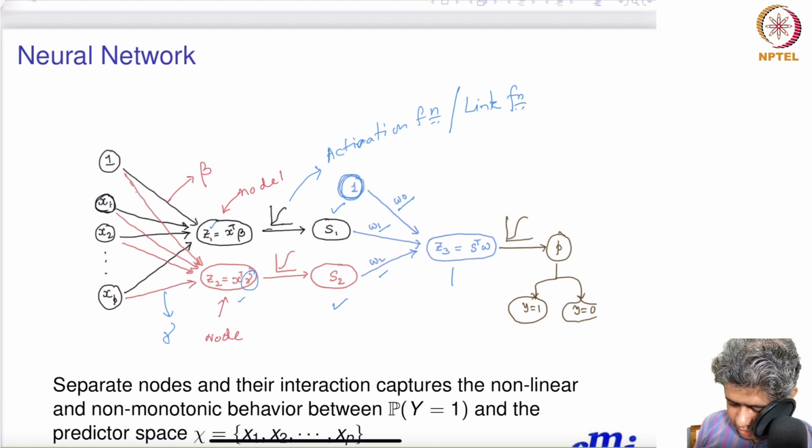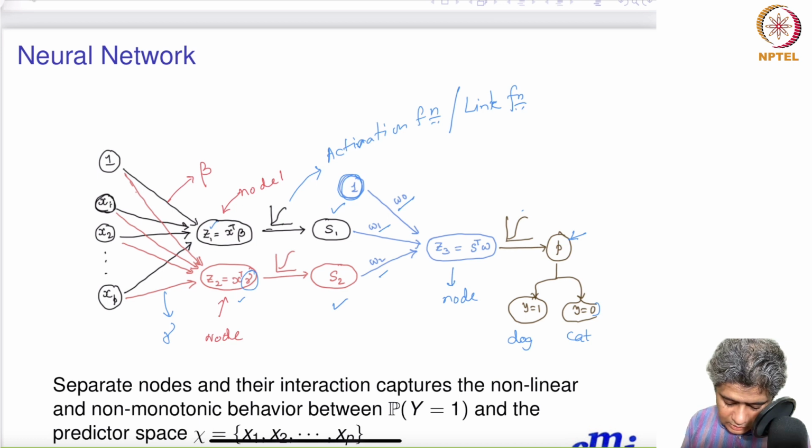From Z3 another activation function gives me the p, and from the probability p I get dog or cat. So this is my neural network.